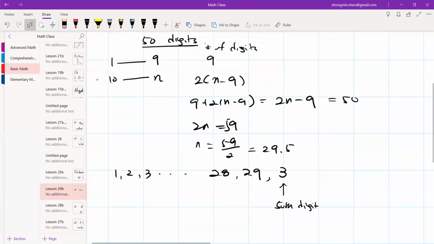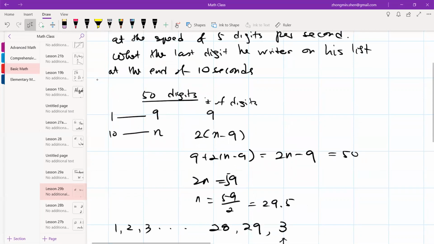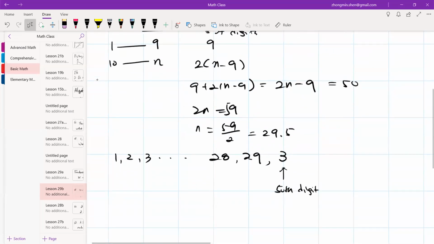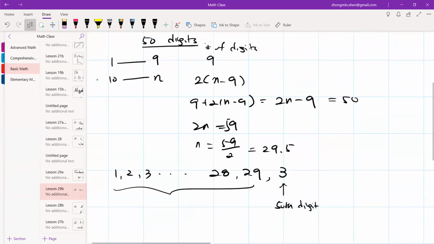Okay? So what is the question? What is the last digit he writes down on his list? That is a 3, okay? That is going to be 3. Then you see that if you count them, you get 49 digits here. 49 plus 1 is 50. Okay, 49 digits used.